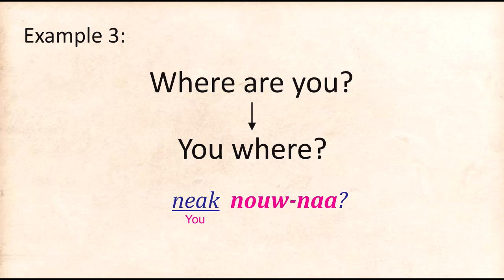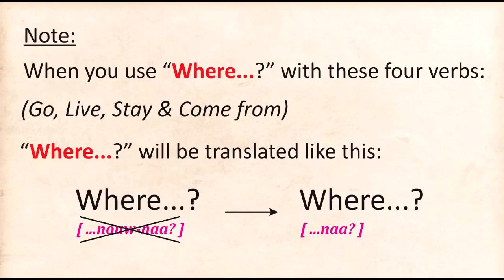And we have a note as well. When you make a question with where, you have to think about this. This is the note for where. When you use where with these 4 verbs, the verb to go, to leave, to stay, and come from, we will not translate as នៅណា anymore.